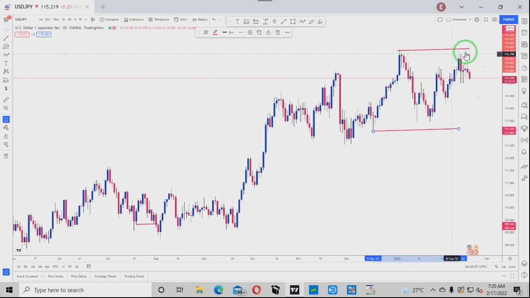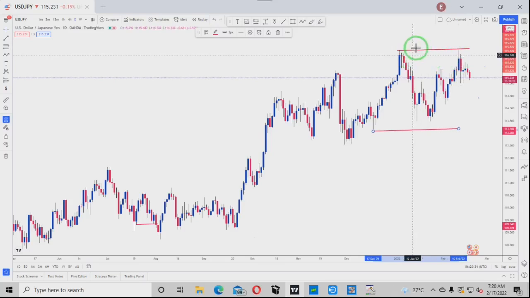Now, if you look, this is a relatively equal high, right? And when you have a relatively equal high, what do you expect? When you have equal high or relatively equal high or equal low, relatively equal low, what do you expect? Well, for me personally, I cannot take trade from here. Because why? I cannot mark any OB here. Why?